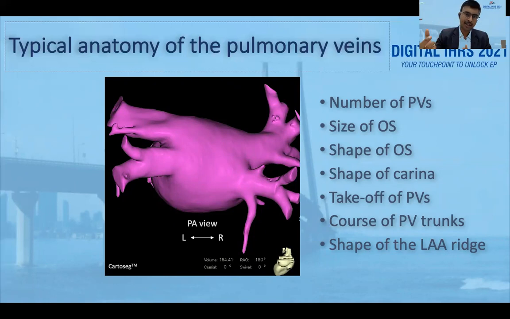I look at the shape of the arc, which is good here, the shape of the carina, which is a wide angle carina, which would give a lot more catheter stability for me during the cryoablation procedure. The takeoff of the pulmonary veins and the course of the pulmonary veins is also optimal here. And then the shape of the ridge is also looked at. For me, this is a very good pulmonary vein anatomy for anyone who wants to start off with their cryoablation career.